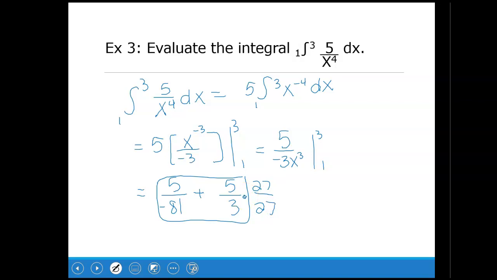So 5 times 27, well 5 times 25 is 125. So 5 times 2 more is 135. So you have 135 over 81. So you'd only take 5 away from that, and you get 130 over 81. So that means the net change or the overall sum is positive.